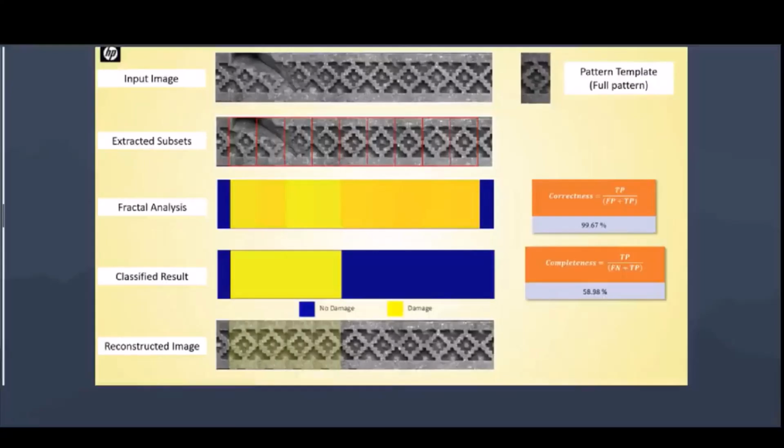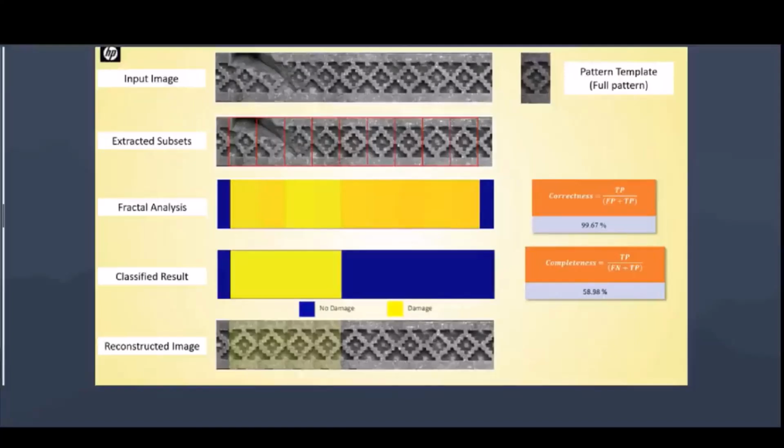The elemental pattern was replicated everywhere the classification shows that it is a damaged part. So a virtually reconstructed image was created.